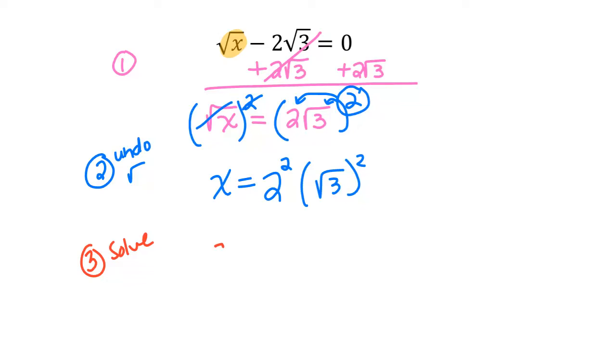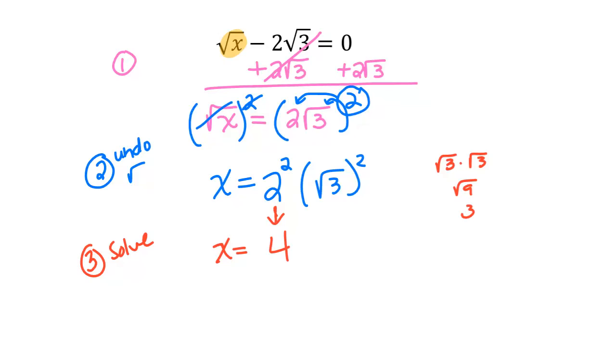So I got x is equal to, this right here, 2 squared, which means 2 times 2, which is 4. And the square root of 3 squared, I'm going to do this on the side, the square root of 3 times the square root of 3, which is going to be the square root of 9, which is just going to be 3.